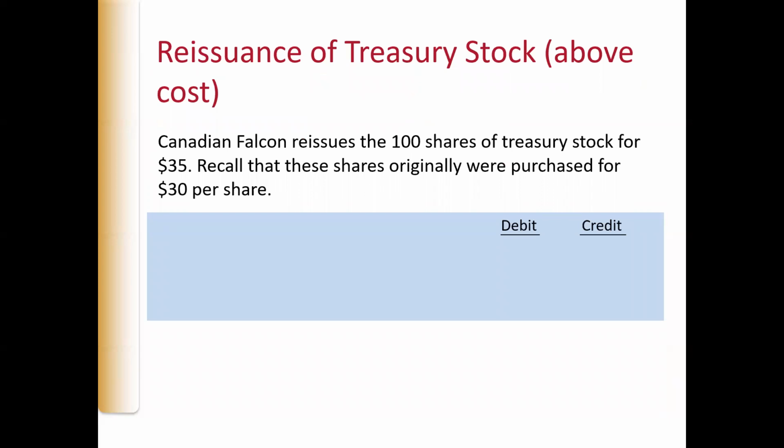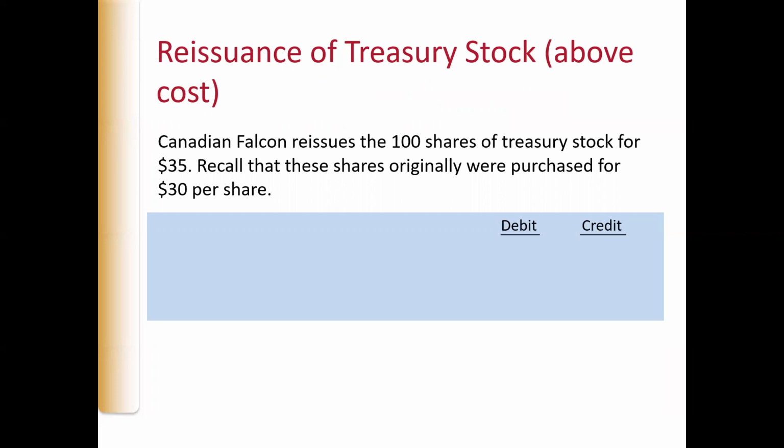Now, we purchased treasury stock, and now we're going to reissue that treasury stock to sell it for $35 a share. We originally purchased that treasury stock for 30 bucks a share, so we need to know what that original price was.